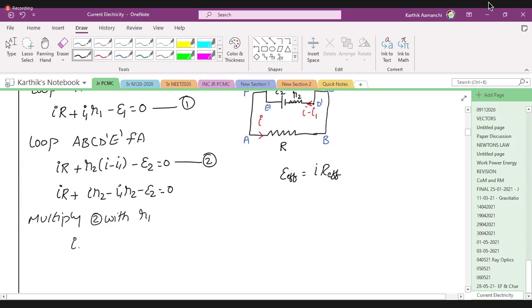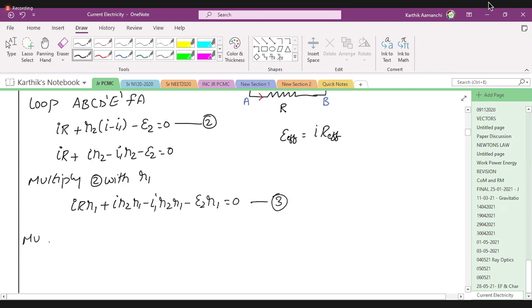So this will become IR R1 plus IR2 R1 minus I1 R2 R1 minus epsilon 2 R1 is equal to 0. Right? Let this be equation 3. Multiply 1 with R2.